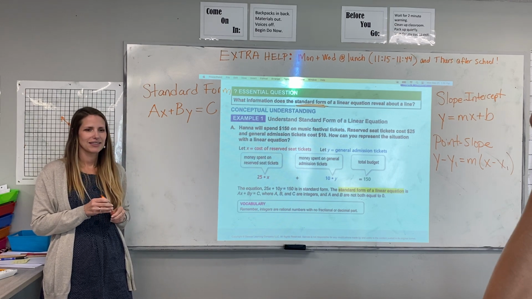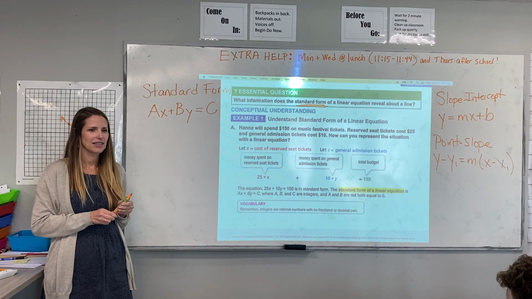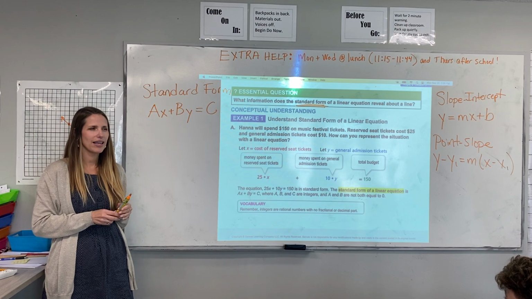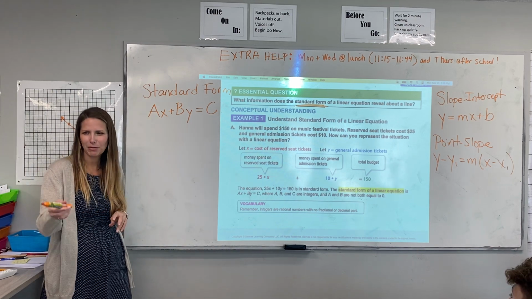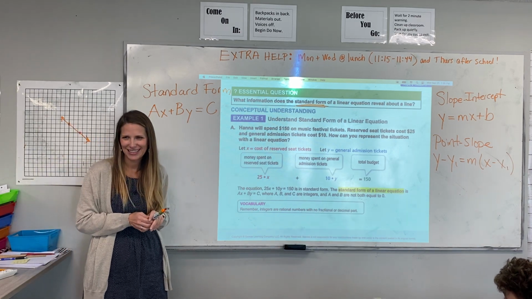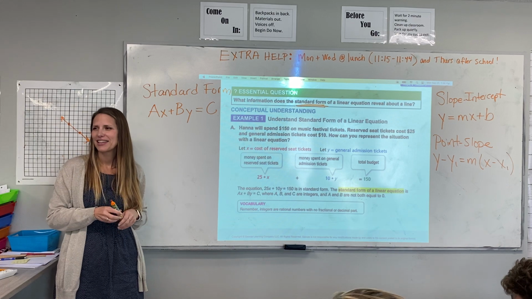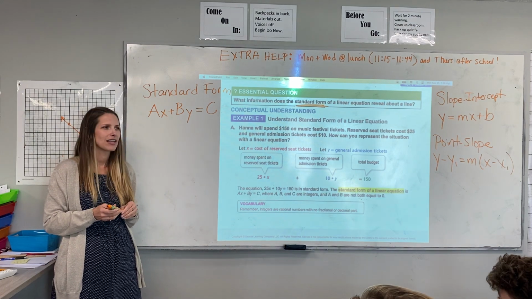Because it's not telling us the actual cost of all of it. Emily? Cost isn't spelled wrong. That's how you spell cost. I think it says money is spent on your receipts, and then she spent $150.